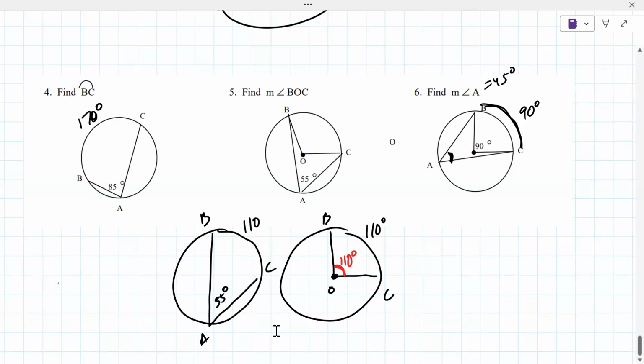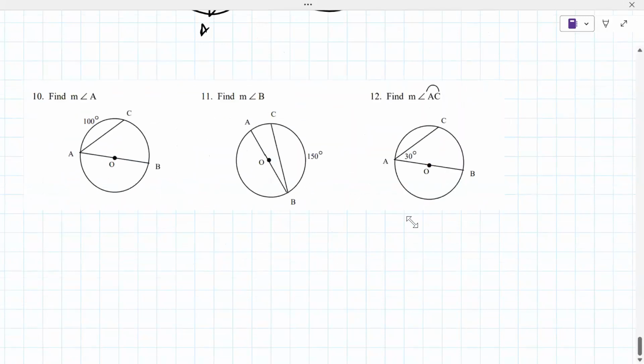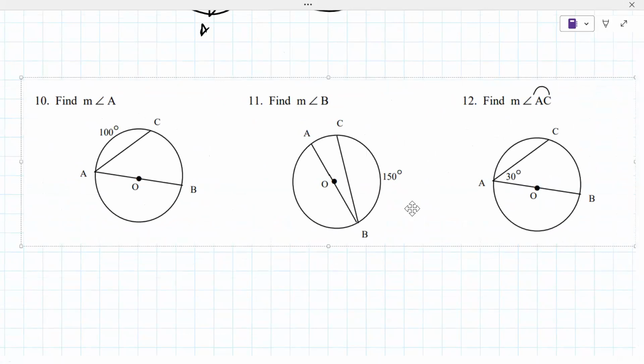All right. Let's look at a few of these. Go ahead and see if you can do any of these. It's related to something we did earlier.